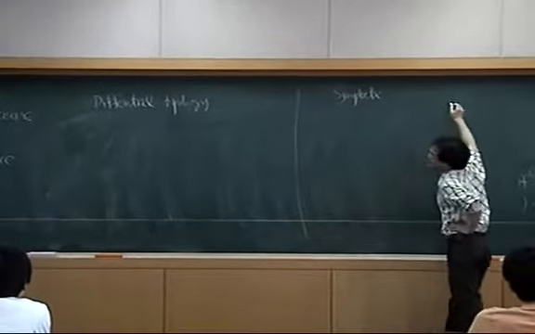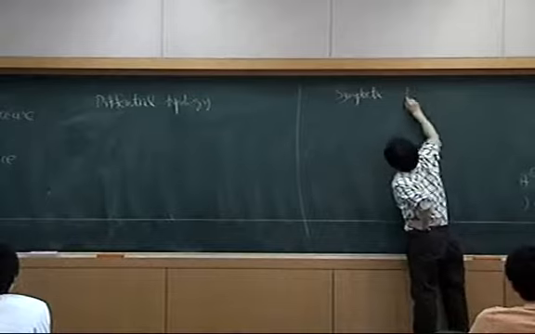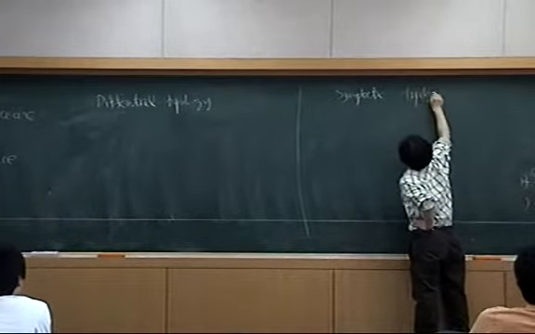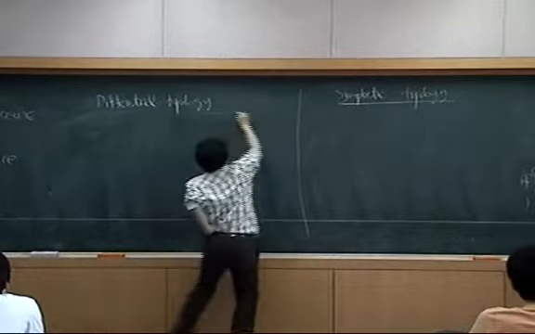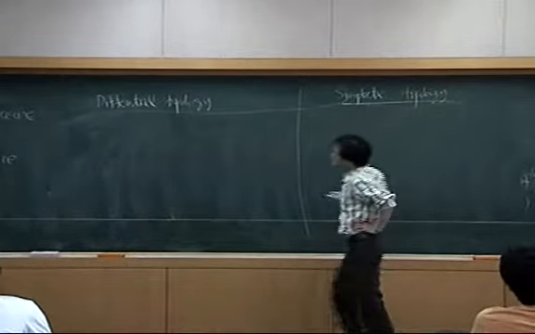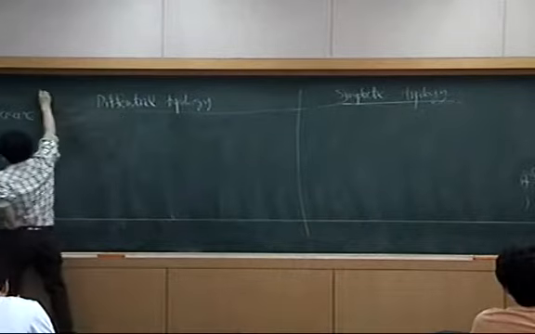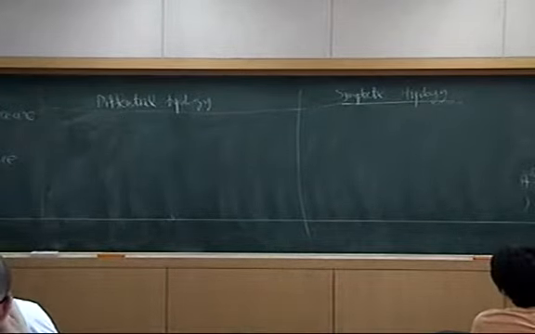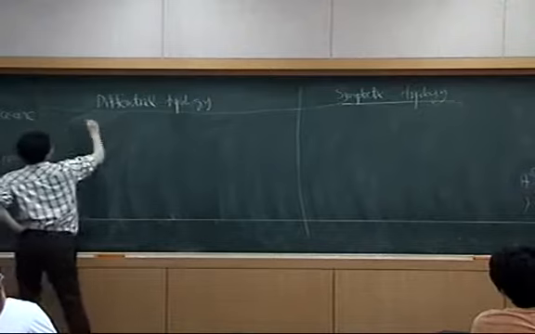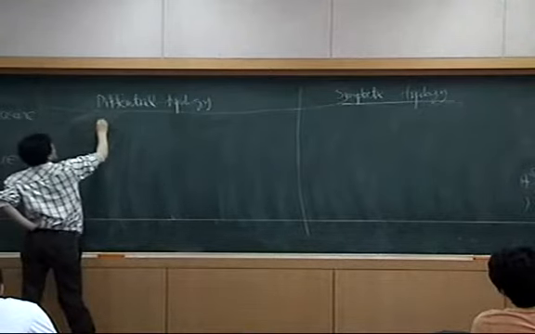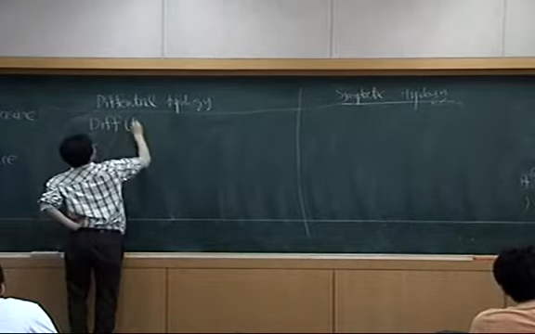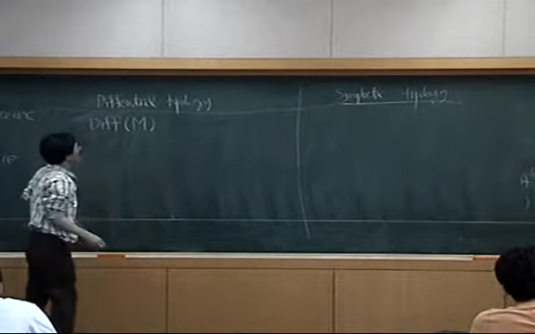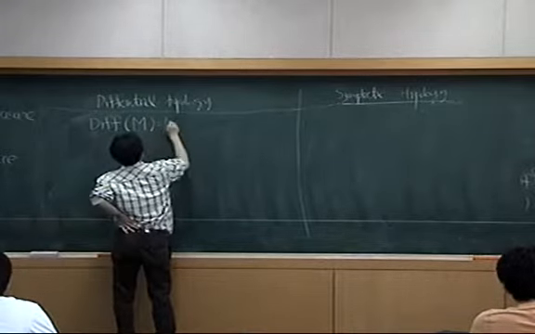One describes differential topology, and the other part is symplectic topology. In topology, the basic object of study is the group of diffeomorphisms, Diff(M). This is the group of diffeomorphisms.